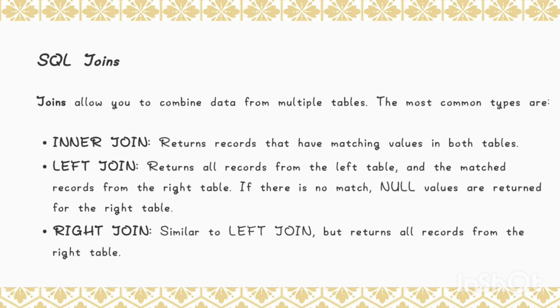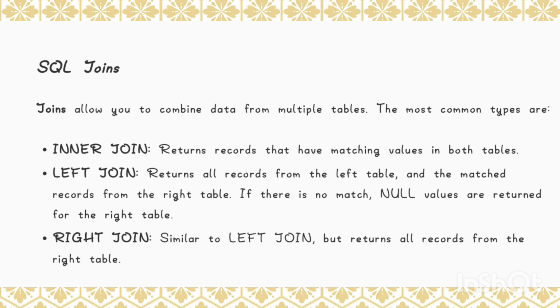SQL joins allow you to combine data from multiple tables. The most common types are inner join, which returns records that have matching values in both tables. Left join returns all records from the left table and the matched records from the right table. If there is no match, no values are returned for the right table.